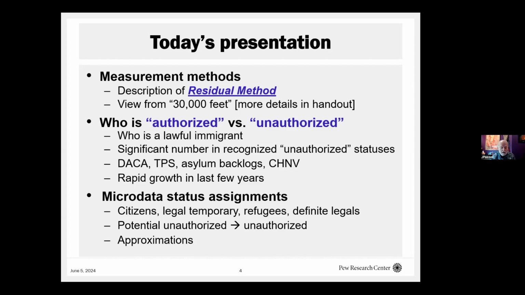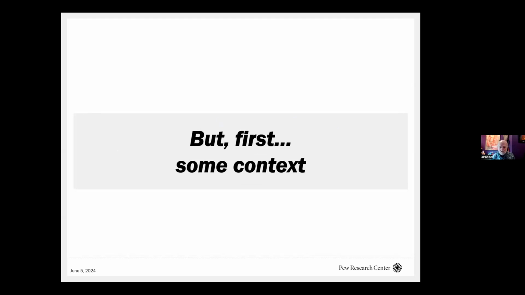And then finally, how this could be approximated, perhaps, by you or other users. But first, just a little background.